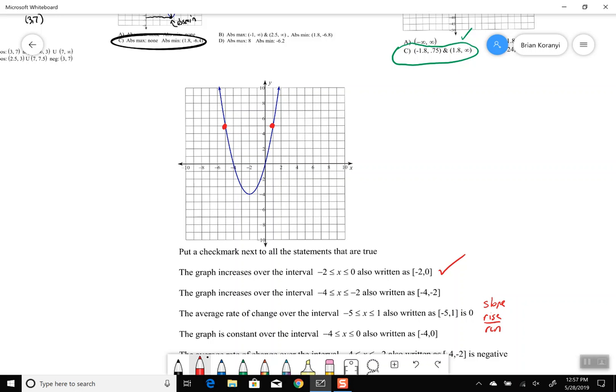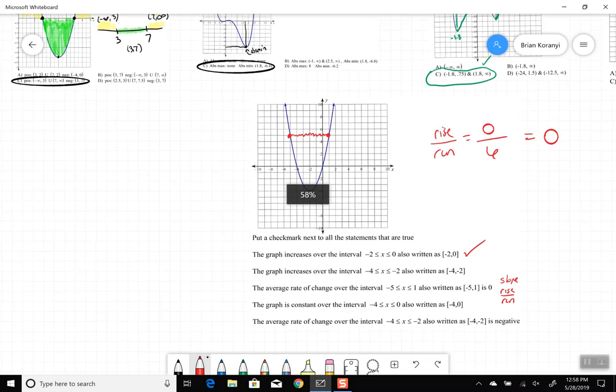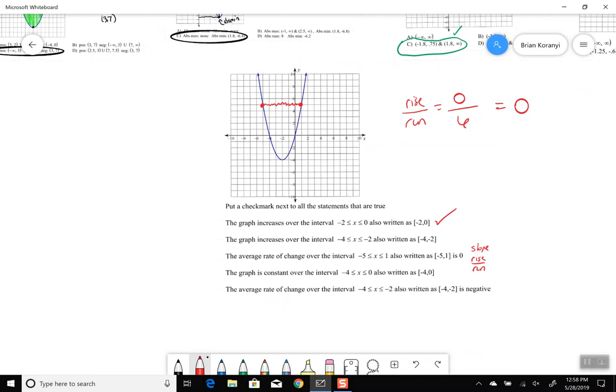And so if I do my rise over run, to go from here to here, I rose 0 and I ran 1, 2, 3, 4, 5, 6. So that's a slope of 0. So on average, even though I went downhill and uphill, in the aggregate it's a change of 0. So my slope is 0.